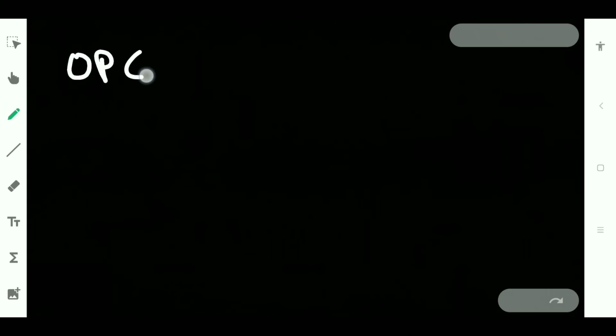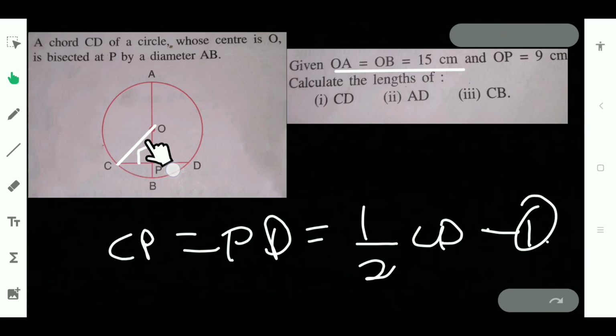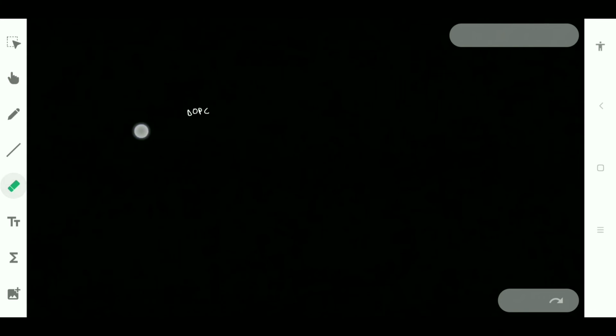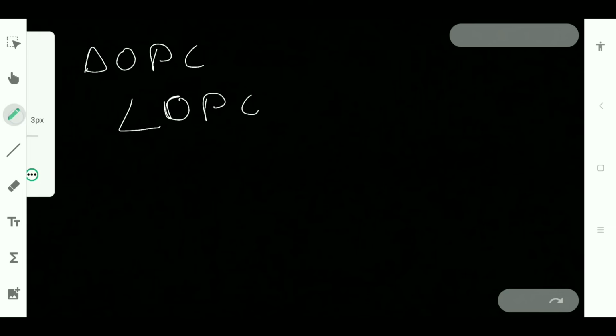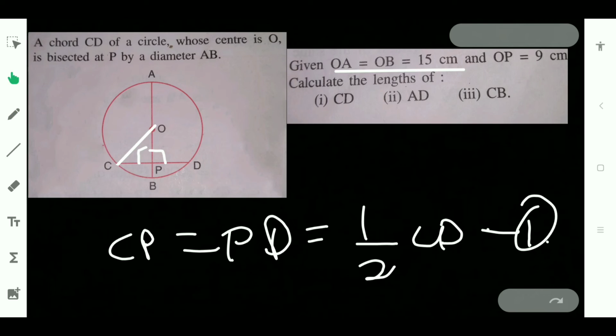Now here in triangle OPC, angle OPC is equal to 90 degrees.